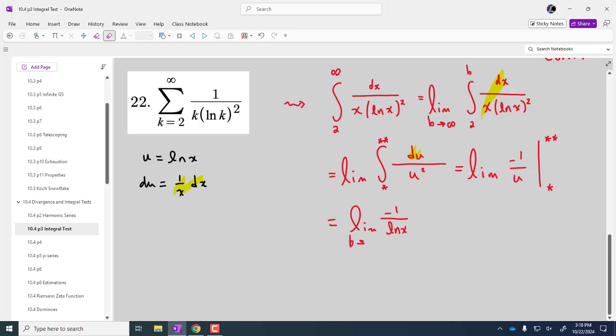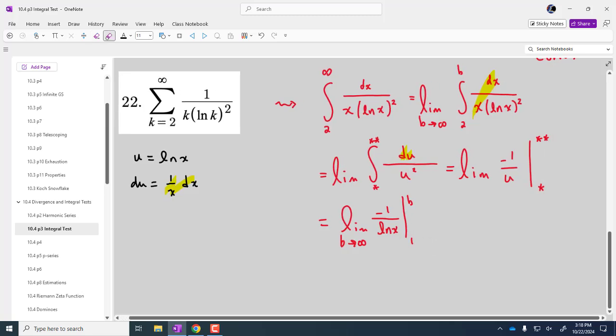This limit is as b goes to infinity. We still have this evaluated from 2 to b.